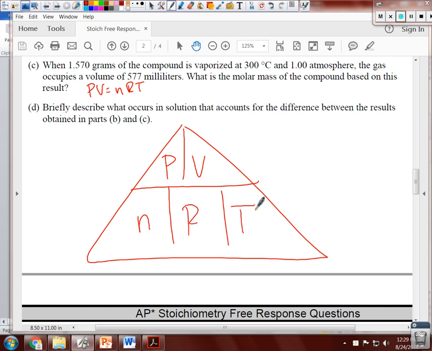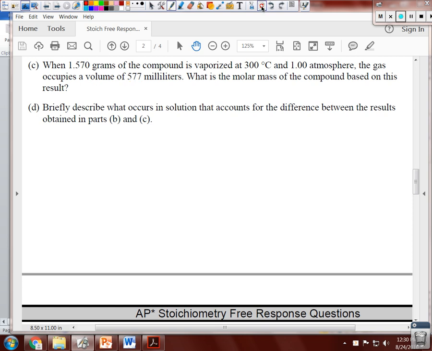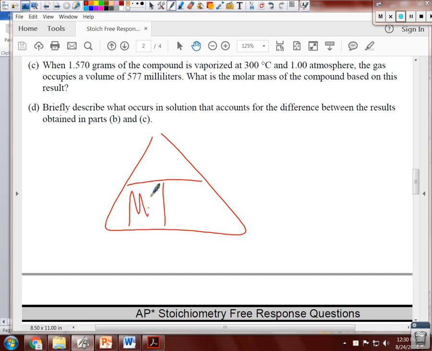But here's the problem. If I want P, it's wrong. It's nRT over V. It's untriangulable. Oh, my bad.